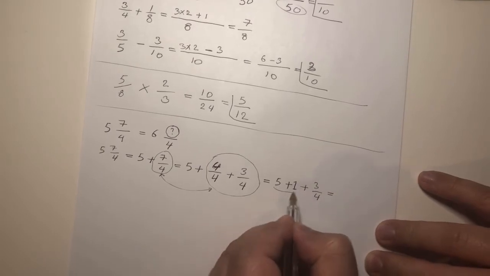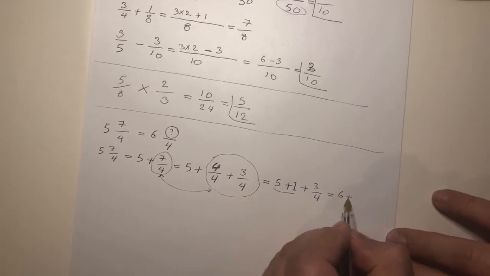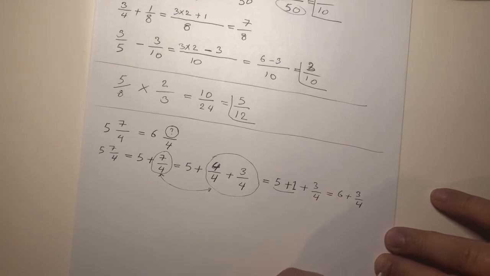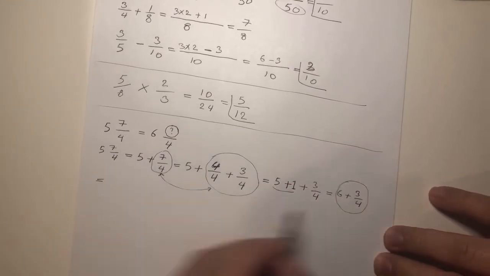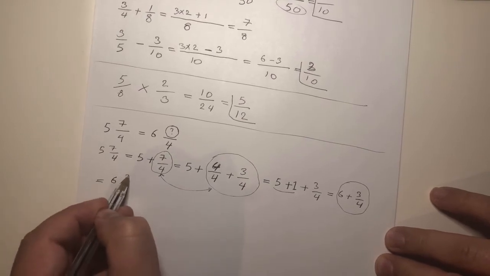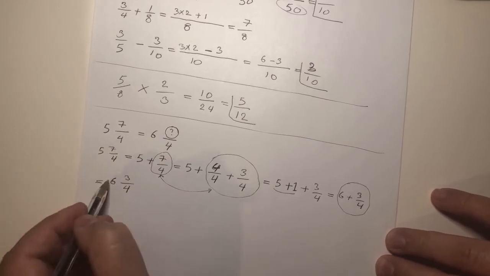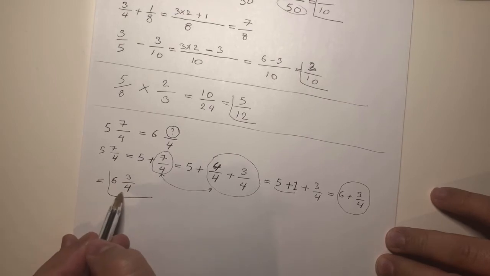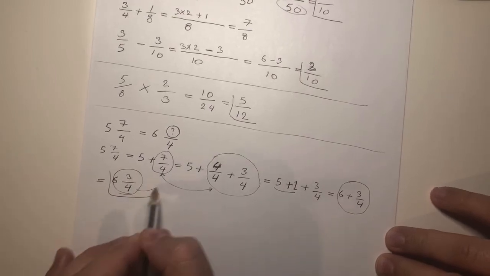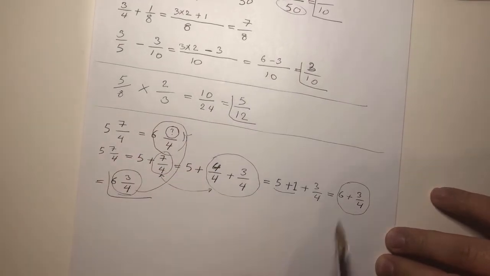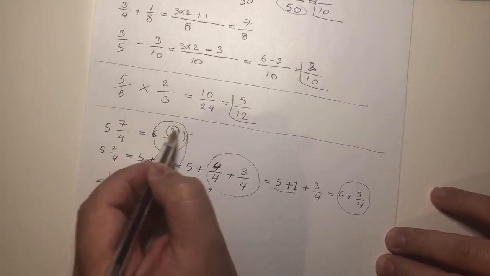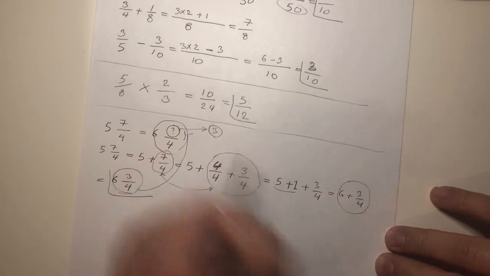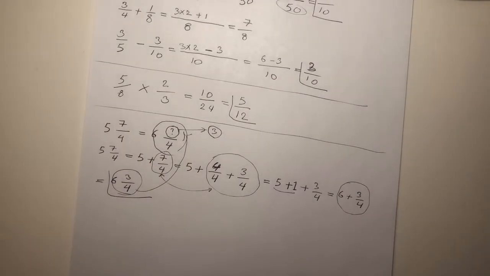So the result would be 6 plus 3 over 4. If we want to write this as a mixed number, the result would be 6 and 3 over 4. So if we compare this one to this one here, you will see 6, 3 over 4, 6. So this number should be 3. Easy, right?